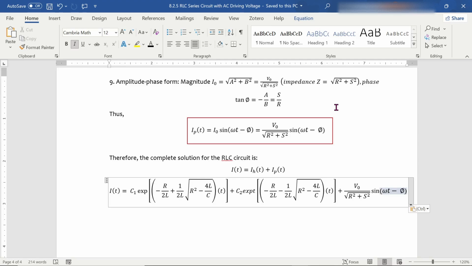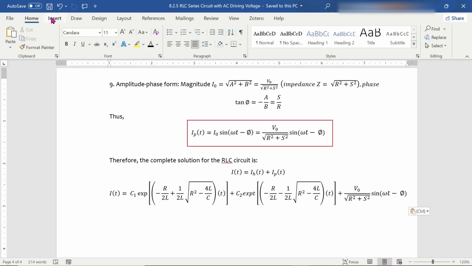And if capacitive, that is negative, it lags, right? So that's it. This is the complete solution for our RLC series circuits.